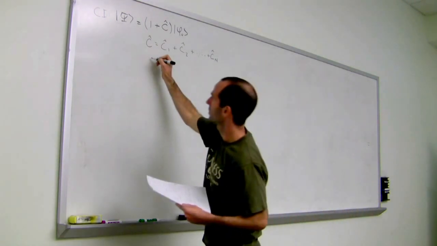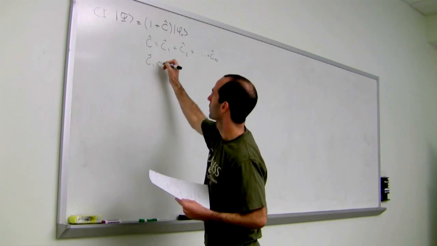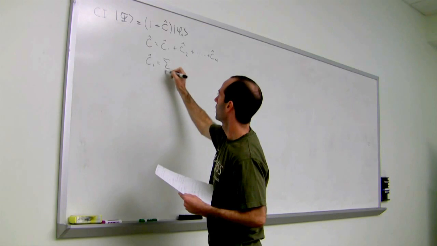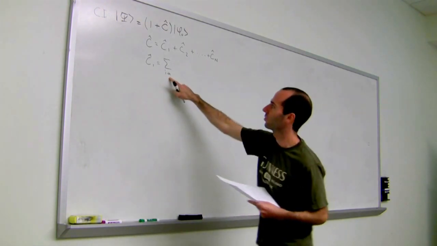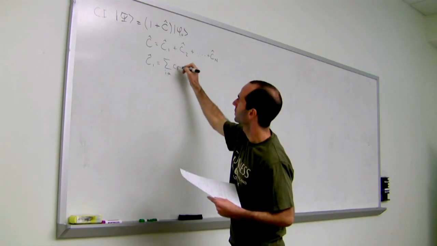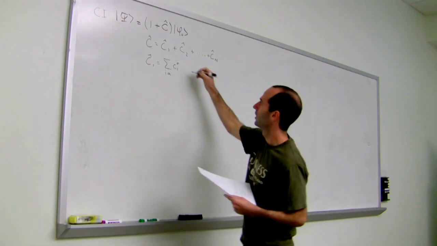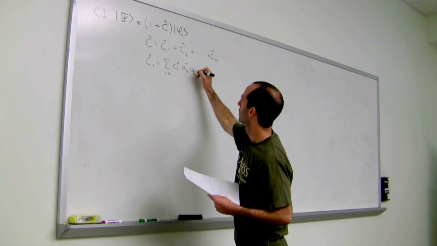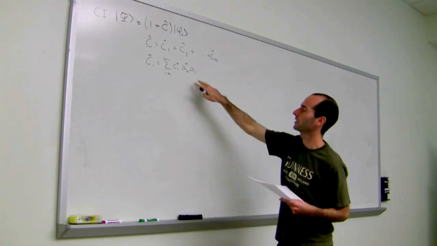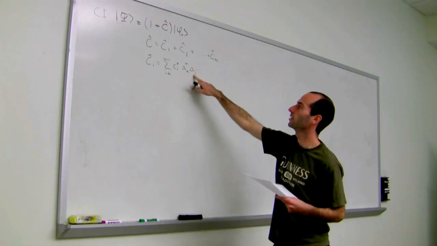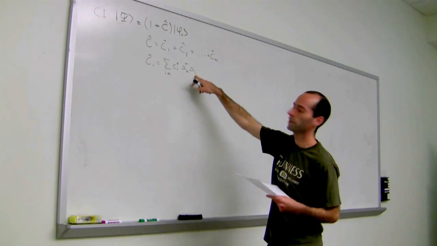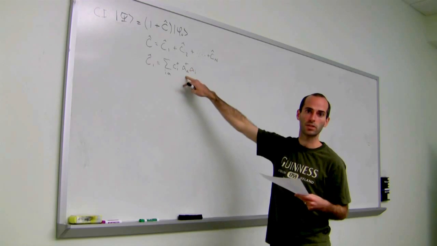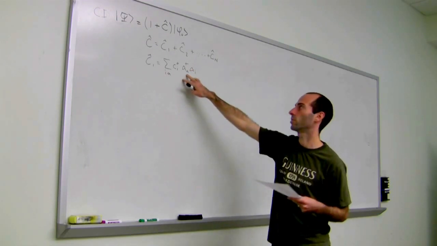And what each of these looks like is as follows. C1 is the sum over all occupied orbitals i and virtual orbitals a of the CI coefficient I showed you before, and these funny-looking creation and annihilation operators, where a_i is an annihilation operator that destroys an electron in orbital i. a_a dagger, the dagger means it's a creation operator, creates an electron in orbital a.